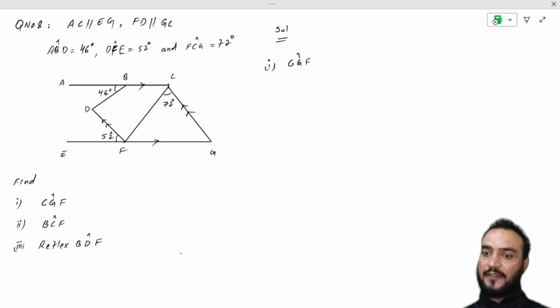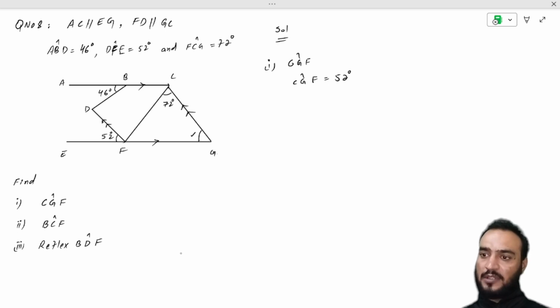This is the angle CGF which we have to find. The angle CGF corresponds to the angle EFD. So CGF is equal to 52 degrees because this is a corresponding angle.